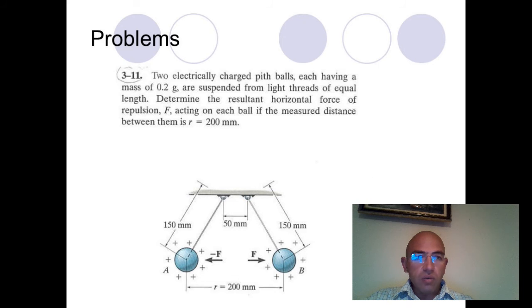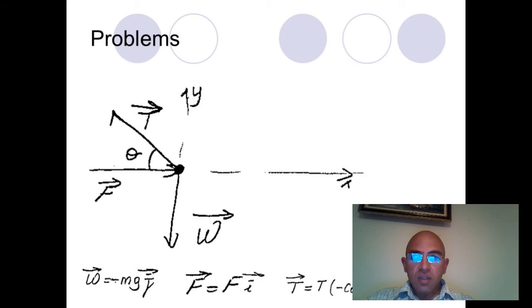Okay, so let's draw the free body diagram of the object. First, this is the first thing that we need to do. So this is our object, the charged spheres, and let's define our coordinate system, and let's say that the horizontal axis is the x-axis and the vertical axis is the y-axis. We just consider one of the spheres, it's more than enough.